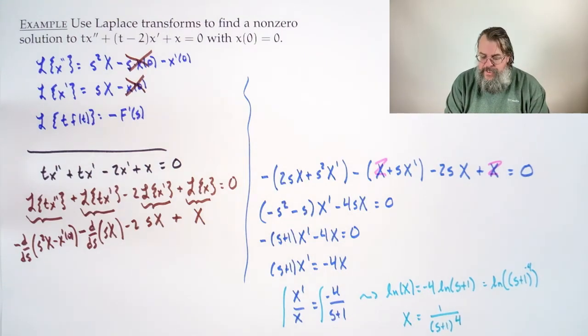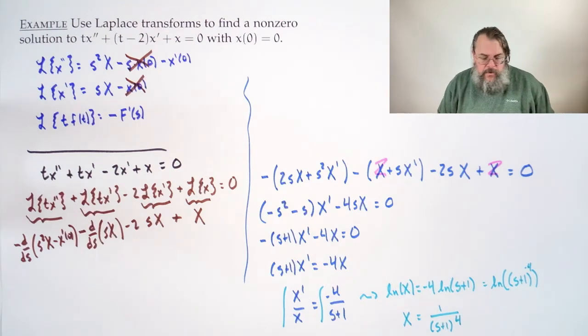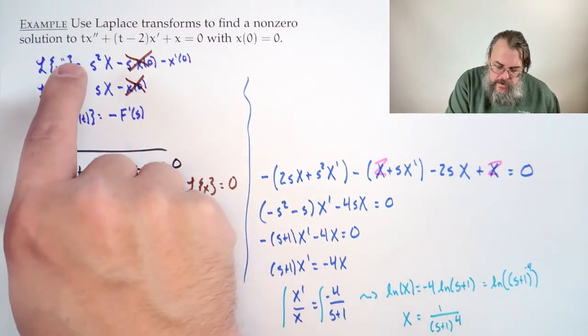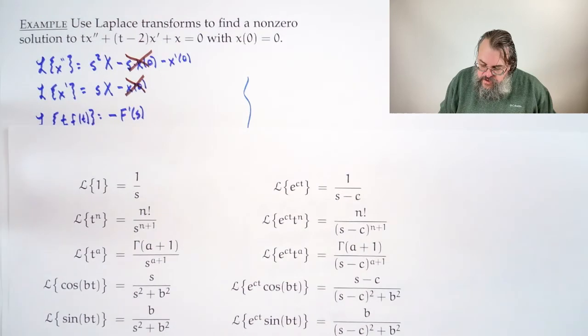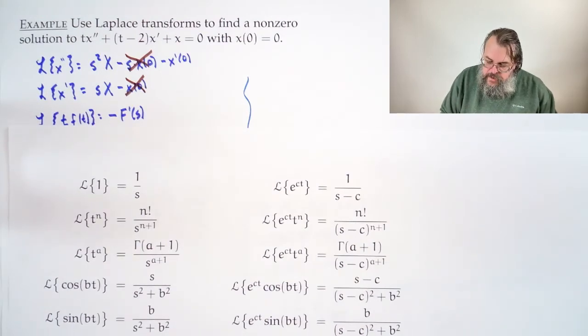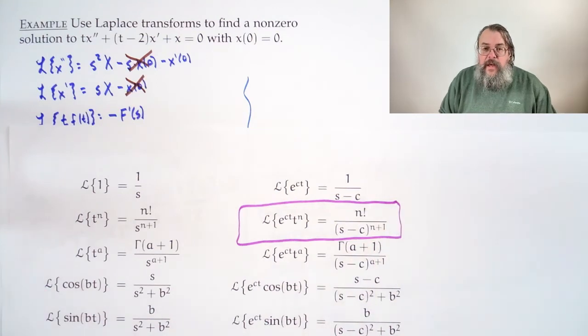All right, well, we're almost there, right? So, where do we finish up? Well, we now know the Laplace transform of x, right? We figured it out. We said, hey, the Laplace transform of x gives us this 1 over s plus 1 to the 4th power. And if we look on our A sheet somewhere, we say, that looks suspiciously a lot like that, right?